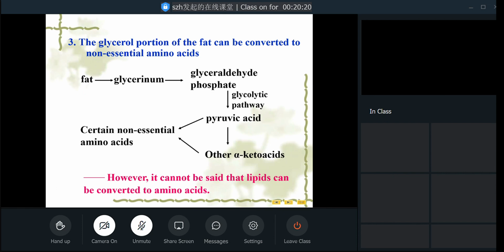And last one you can say, however, it can't be said the lipid can be converted into the amino acid. This is only partially right.